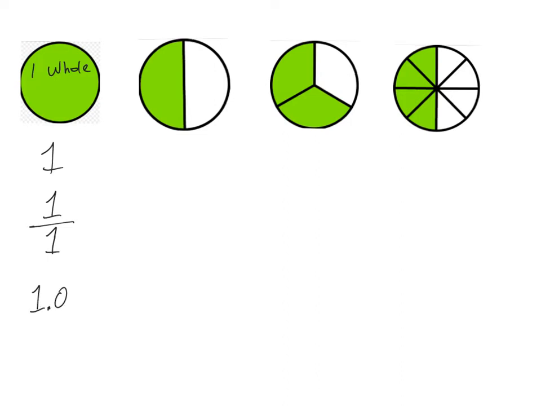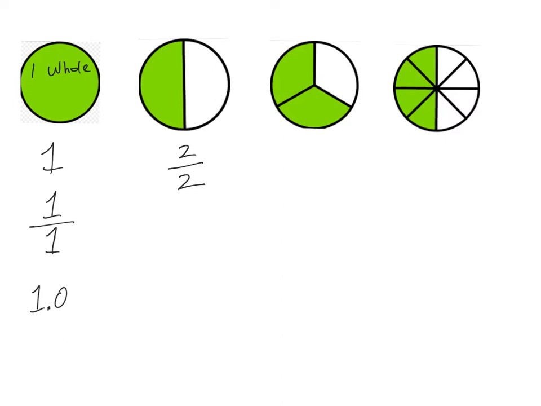Now, if I divide this up into 2 parts, if I just make this division right here, I have 2 over 2, right?